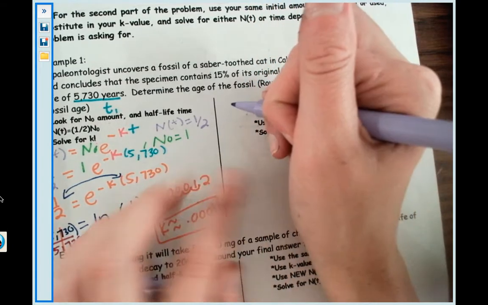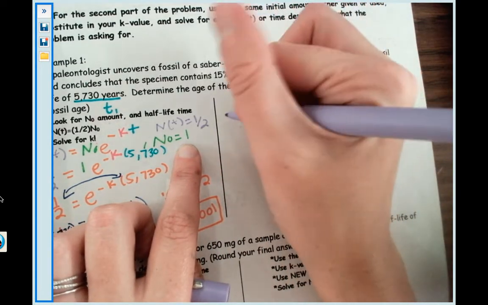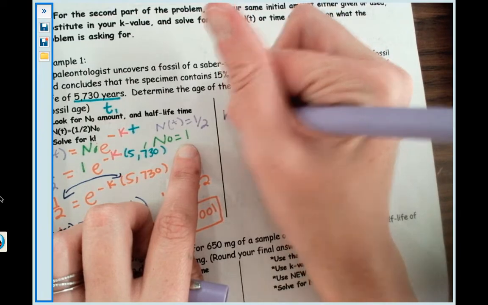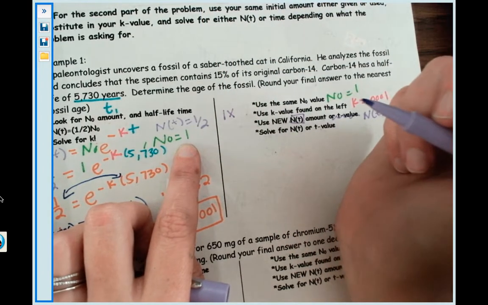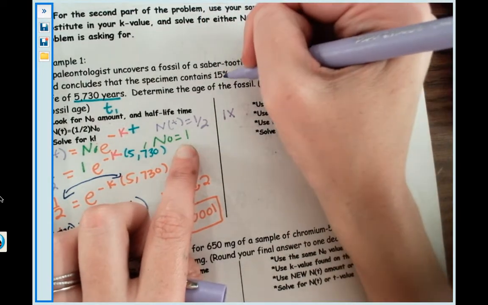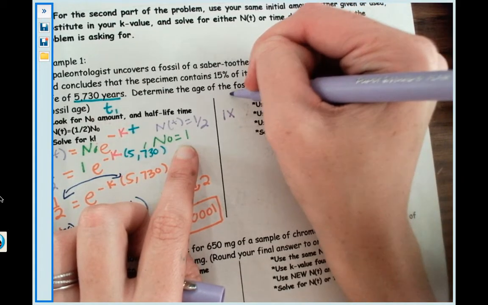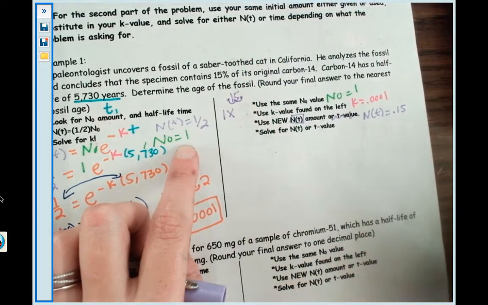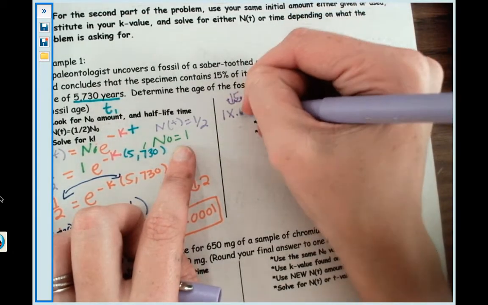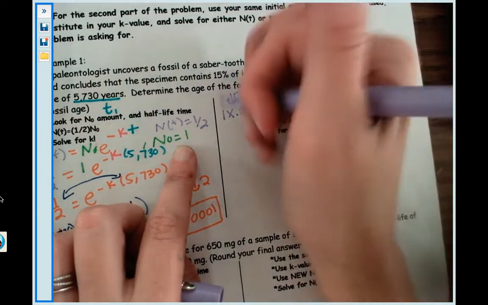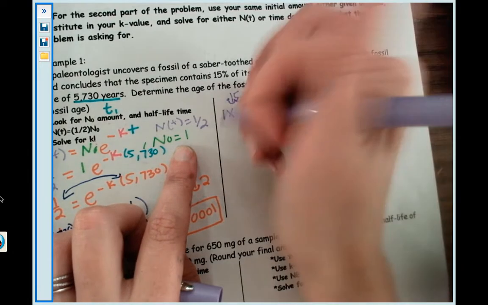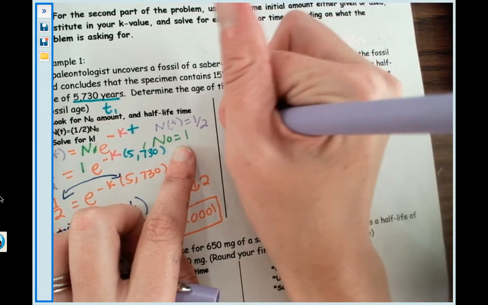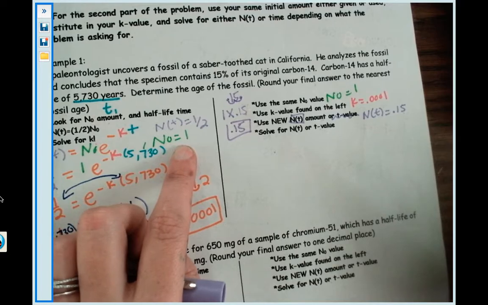If I want to find 15% of my original, which is 1, times 15%, well, if I convert 15% to a decimal, I go to the left to convert it to a decimal. So it'd be times 0.15. So 15% of 1 times 0.15 is 0.15. So that's where that number came from.